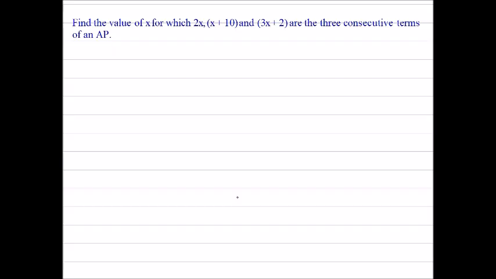The next question is: find the value of x for which 2x, x plus 10 and 3x plus 2 are three consecutive terms of an AP.